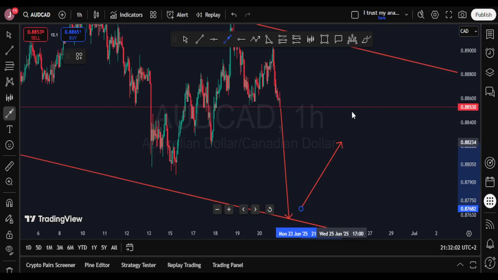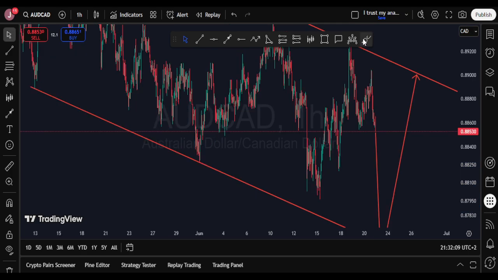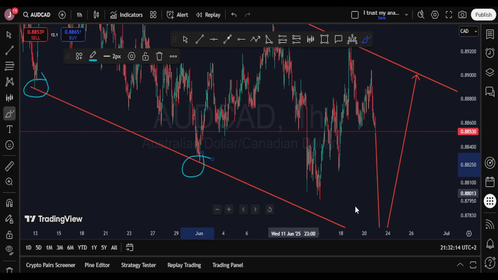I'll be anticipating reversals to the upside. We have this first touch there, second touch, and we are looking for that third touch. So you can look for short-term sells in the meantime, and once price gets here, look for the buys. And once price breaks out of this pattern, continue looking for buys.